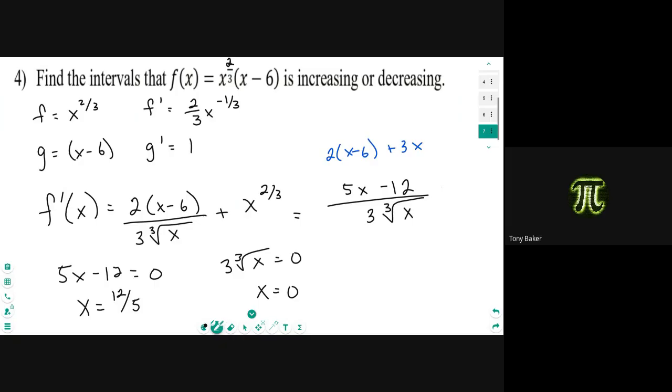How did you simplify the first derivative into the 5x minus 12 here?